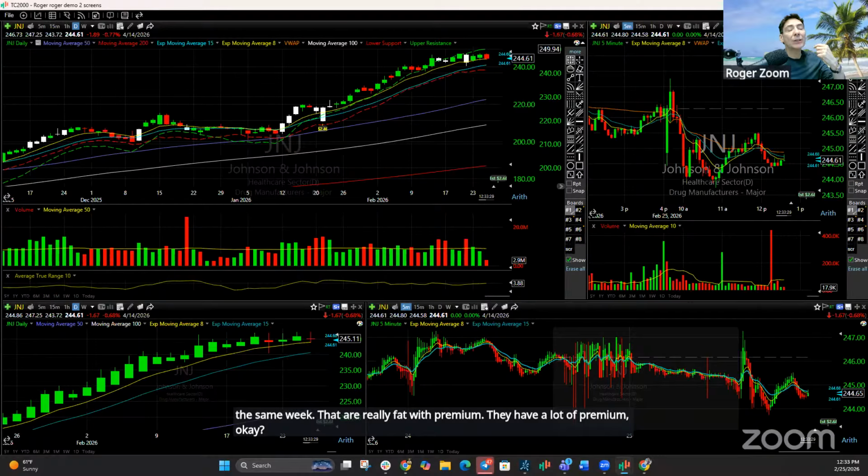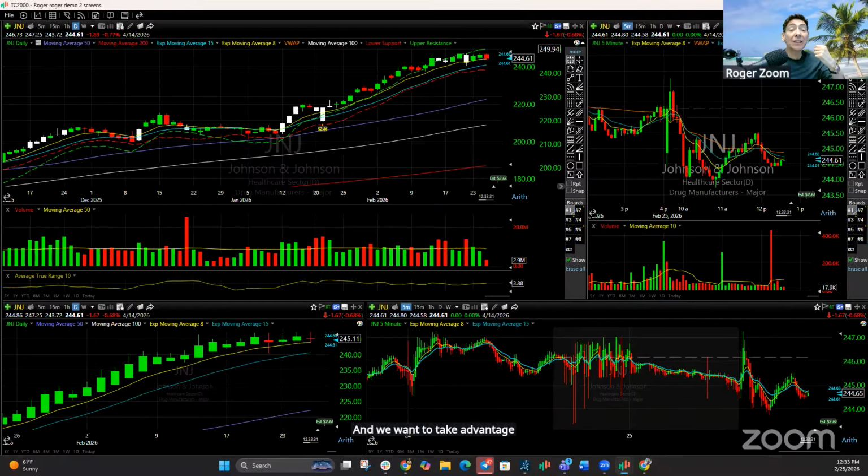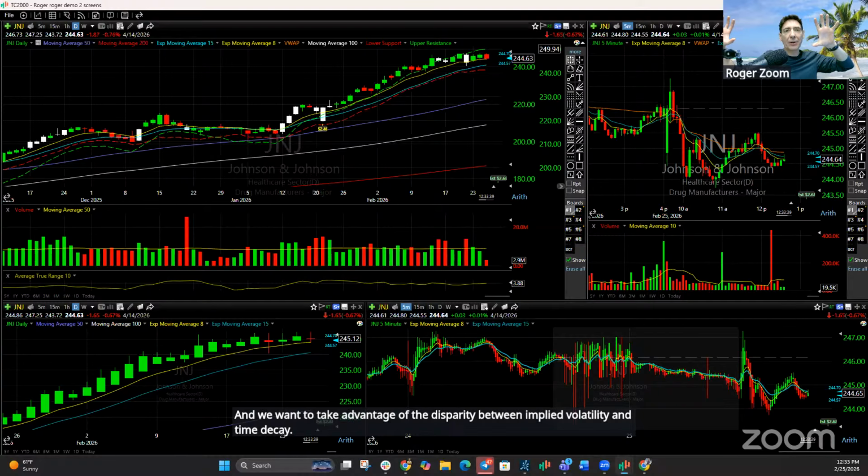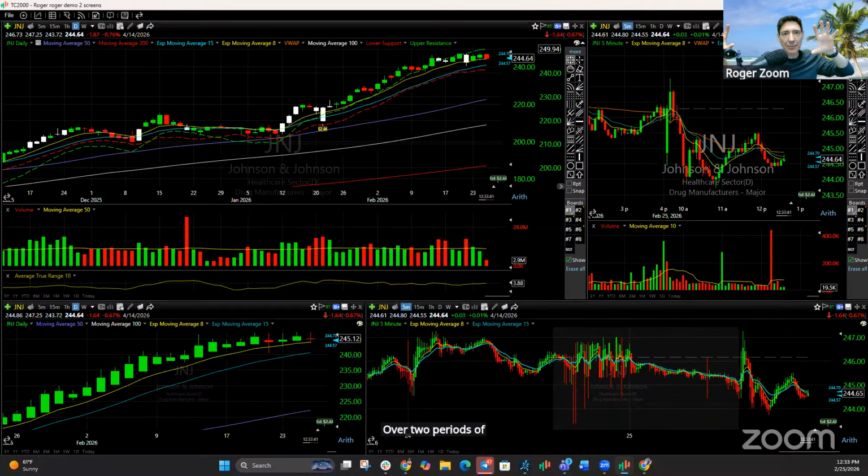And we want to take advantage of the disparity between implied volatility and time decay over 2 periods of time. So we want puts that are expiring the same week, and then we want puts on the same stock that are expiring in 2 months.